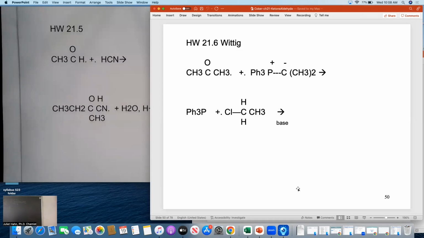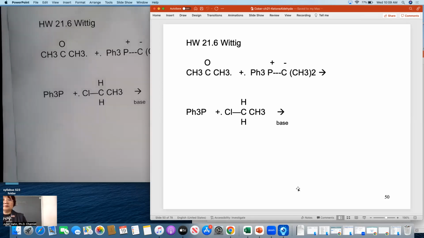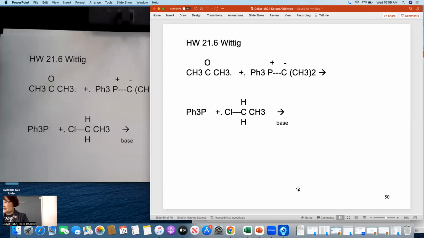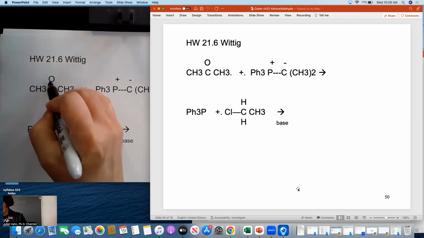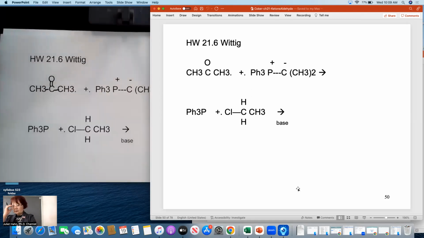Okay, so let's look at the first reaction, which is the Wittig. And of course, I did not spend too much time on actually drawing out the reaction. So it's missing the lines that I would normally draw in, and I did not do the subscripts for the numbers in your reaction.